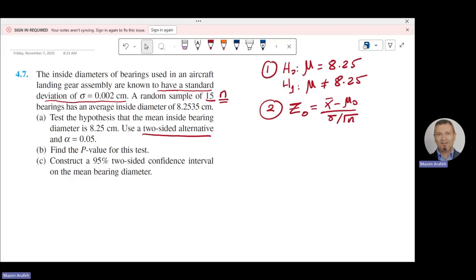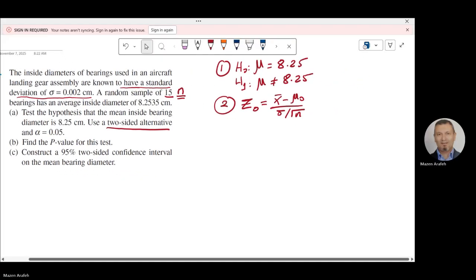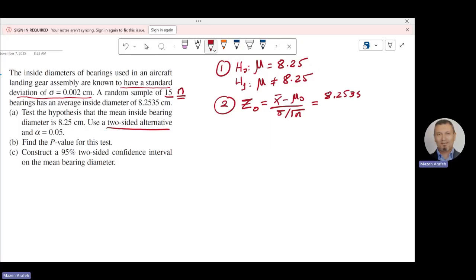So therefore, X bar is given, it is 8.2535 minus the hypothesized value 8.25, divided by the standard deviation of the population 0.002 divided by the square root of n.